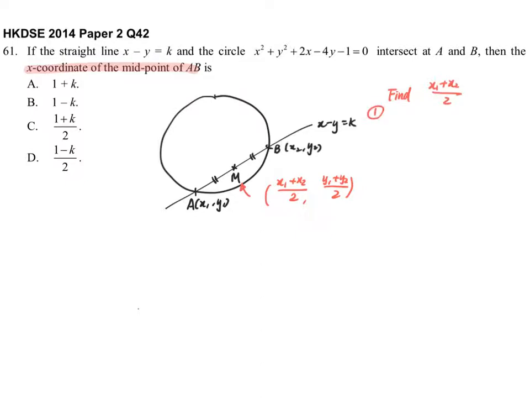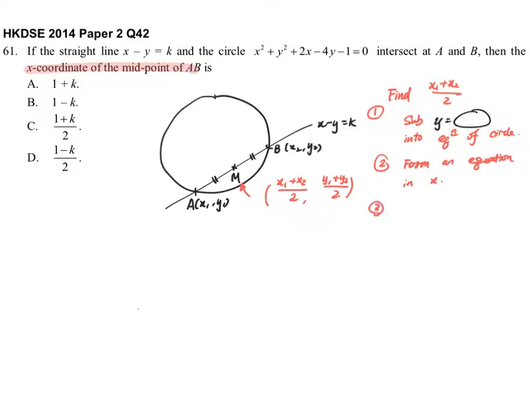Step 1. Similar to finding the intersections of the straight line and the circle. When we find the x-coordinates of the intersection, we use the straight line, make y the subject, and substitute into the equation of the circle. Step 2. After we simplify the equation, we can form the equation in the unknown x.